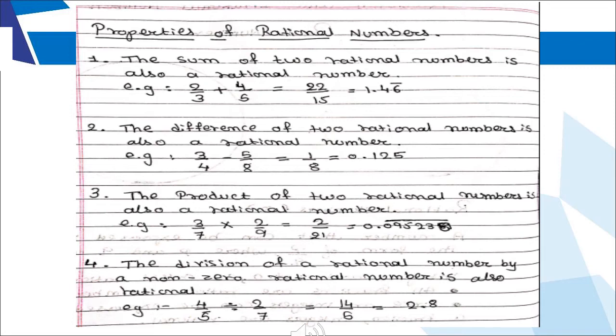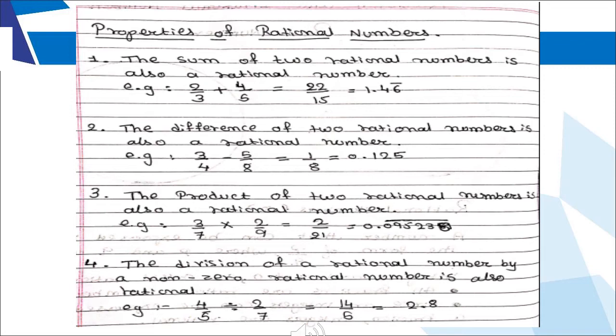Again, I will explain this with the help of an example. 3 upon 4 and 5 upon 8 are two rational numbers. I have subtracted them and my answer is 1 upon 8. Again, for your reference, I have converted it into a decimal. So 1 upon 8 can be written as 0.125 and it is a terminating decimal. So again, when you have subtracted two rational numbers, your answer is also rational.